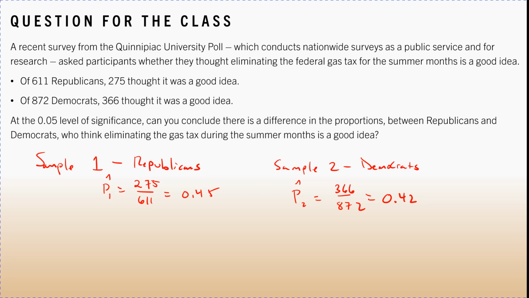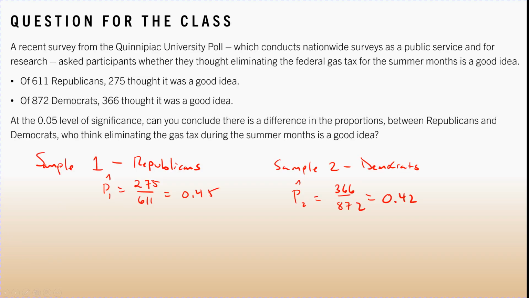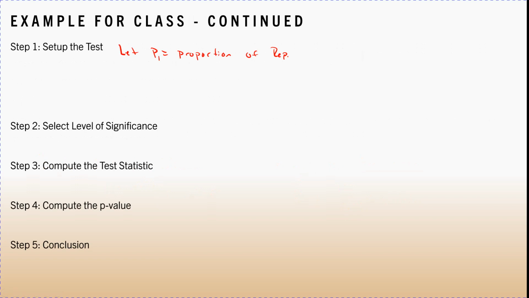So look, a difference is going to be a two-tailed test. Let's go through the 5 steps. I'm going to set up the test. So we're going to let P1 equal the proportion of Republicans, I'm just going to put REP for Republicans here, who think eliminating during summer months is a good idea.